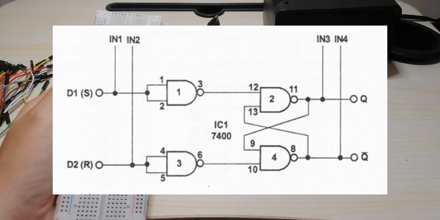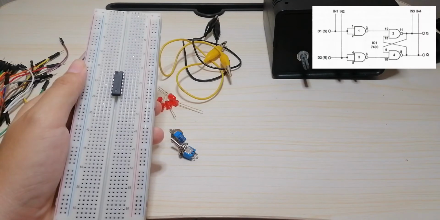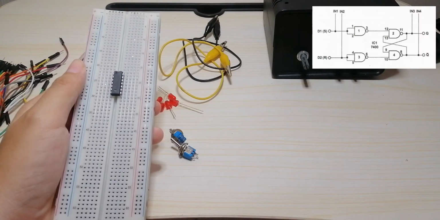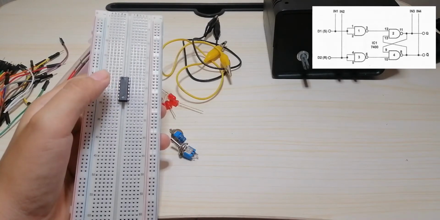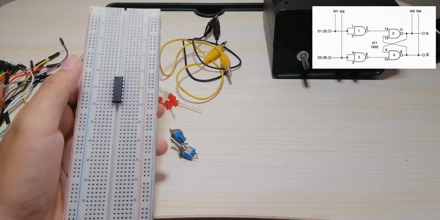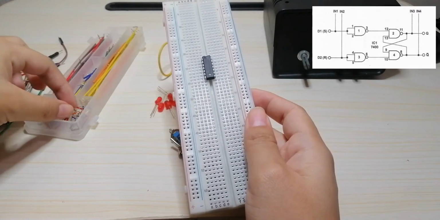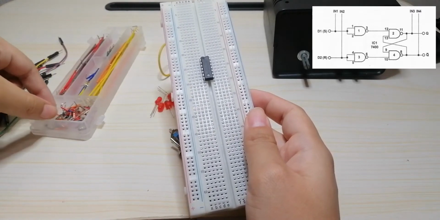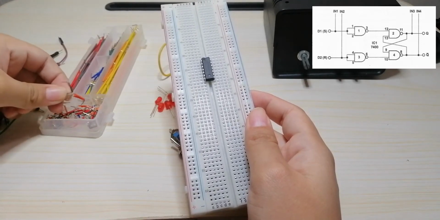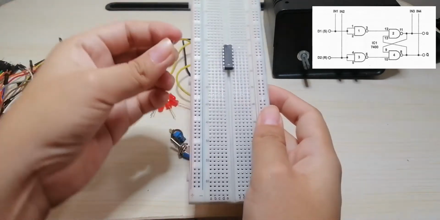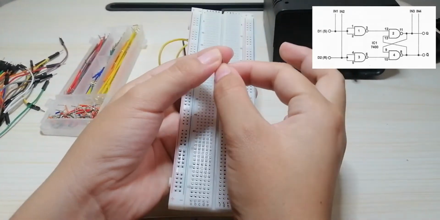So the 1 and 2 of this IC, the NAND gate, is connected. I have here a little one that suits this one.